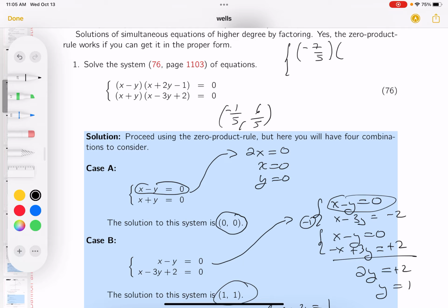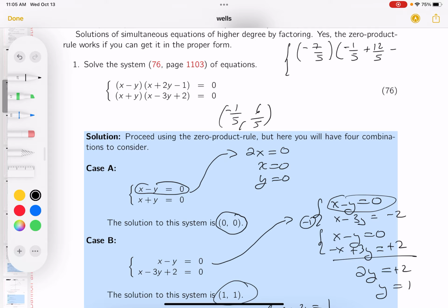What do you get in the next line? Well, next factor, minus 1/5, and then you're going to get, what's minus 1 in terms of this? Let's see if I made a mistake here.